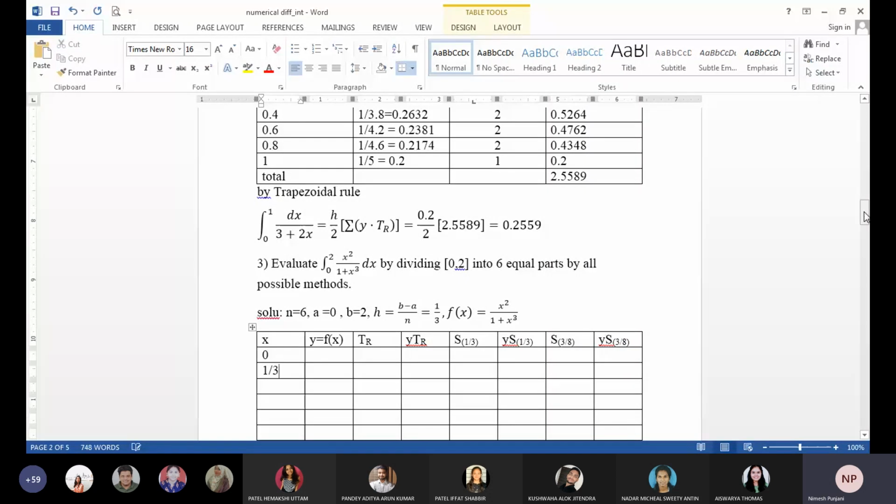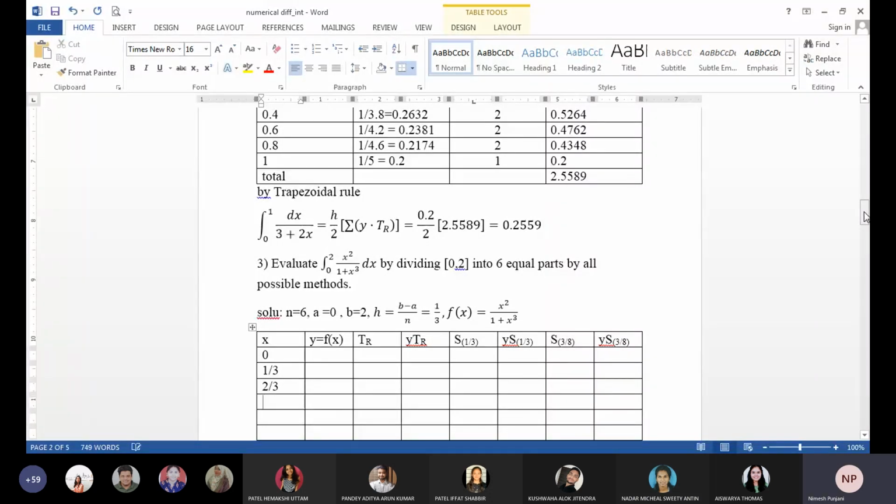Okay, then what will be the next value of x? 2/3.